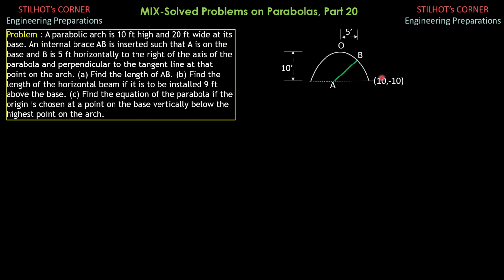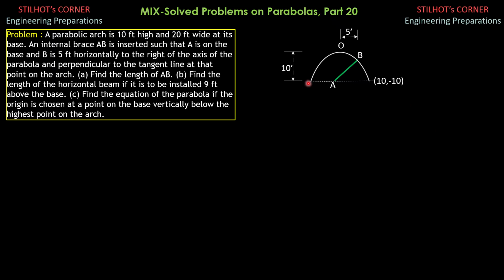We have a parabola 10 feet high, and the base is 20 feet wide. Therefore, if I choose the highest point as the origin for easy solution, then the coordinates of the right end of the parabola would be 20 divided by 2, so 10 feet, and it is below the origin, so negative 10.